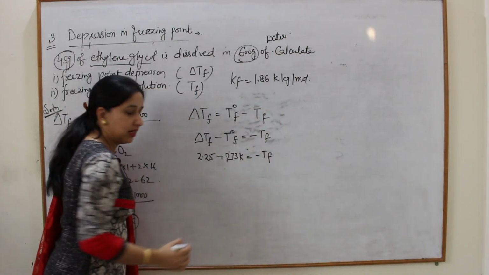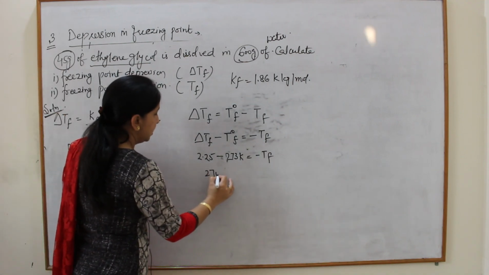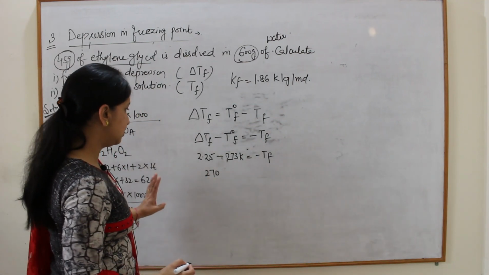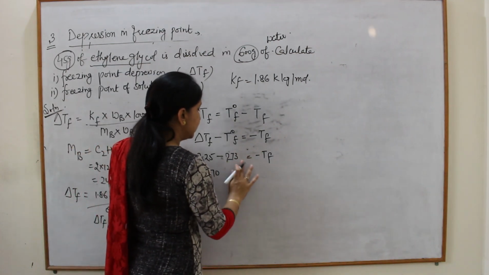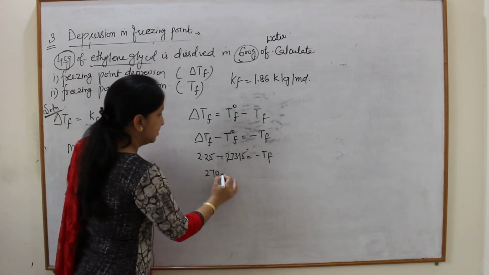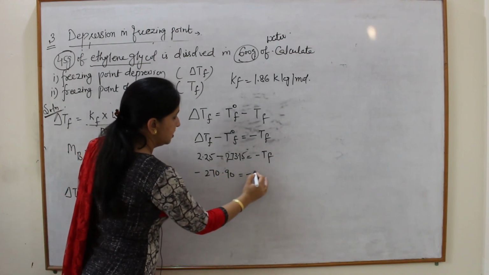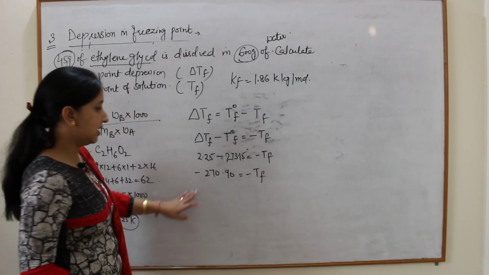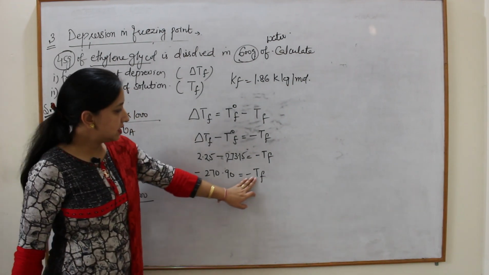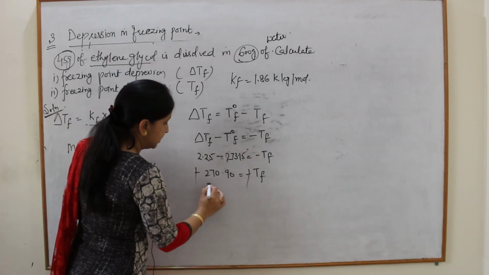When we subtract, its value will be approximately 270, if we take the exact value as 0.15. So this will be the value of the freezing point of the solution, and the minus will be cancelled.